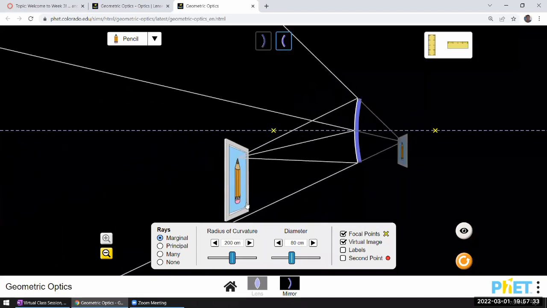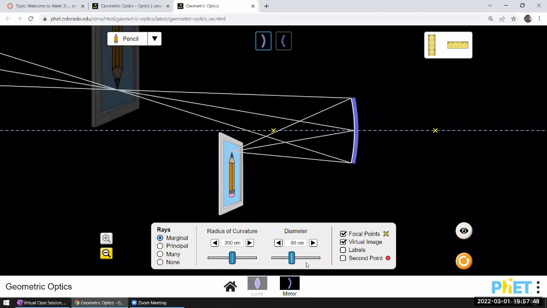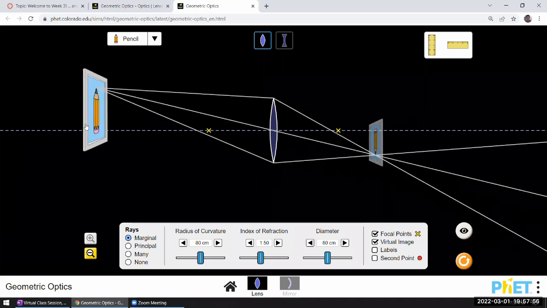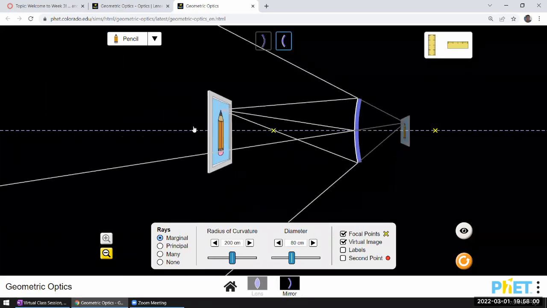I guess the one thing that might be worthwhile pointing out in the mirror version, because I think I've seen this in some students in the past: sometimes people want to memorize rules that are based on whether something is convex or concave. And I will tell you that that'll lead to confusion, because things that are convex in lenses do very different things from mirrors that are convex.